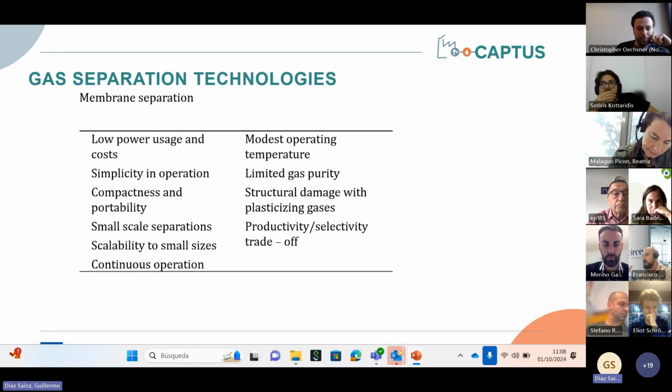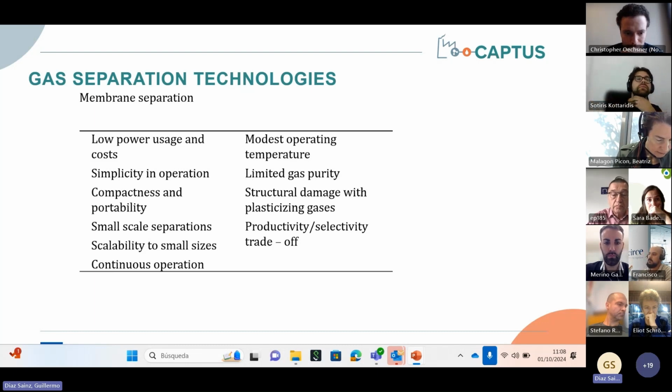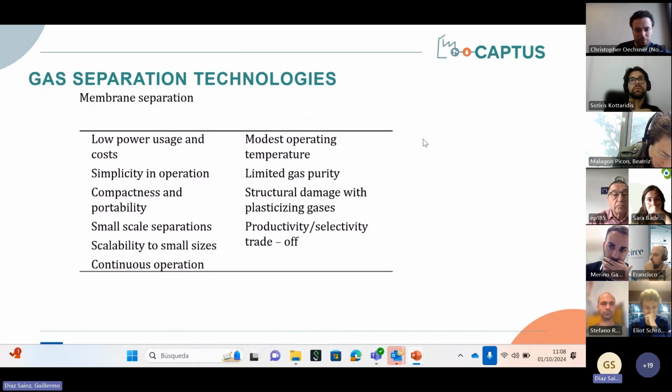And among these different alternatives, membrane technologies offer operational and economic advantages, for example, low power consumption and costs, simplicity in the operation, compactness, portability, scalability, and continuous operation. However, there are also some drawbacks in this type of process, for example, very modest operating temperature, limited gas purity, and a trade-off between the productivity and the selectivity of the membrane.